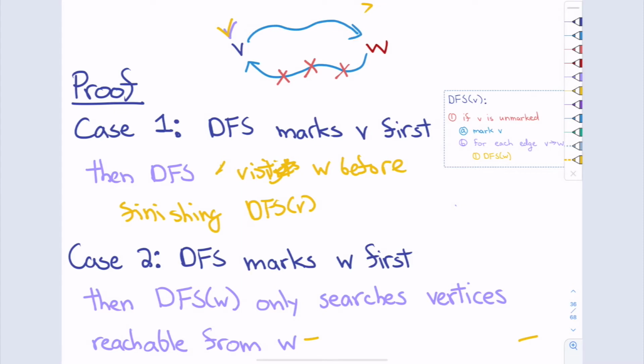The other case is when W gets marked first. If depth first search visits W first, it hasn't visited V yet.